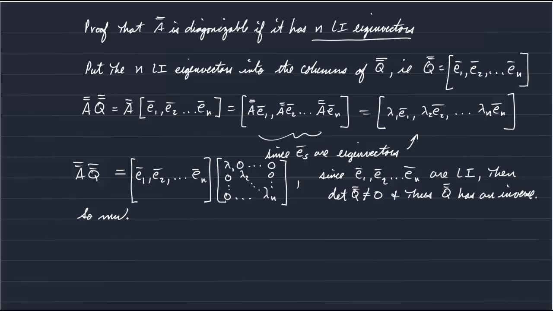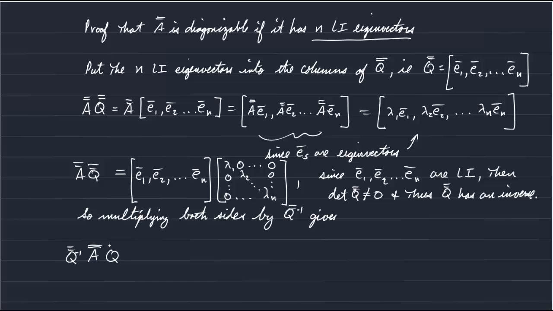So multiplying both sides of the above equation by the inverse of Q gives Q inverse times A times Q is equal to Q inverse times Q times D, where this is Q right here, and this is D, the diagonal matrix containing the eigenvalues. And of course, Q inverse times Q is just equal to I, so the right-hand side is equal to D.